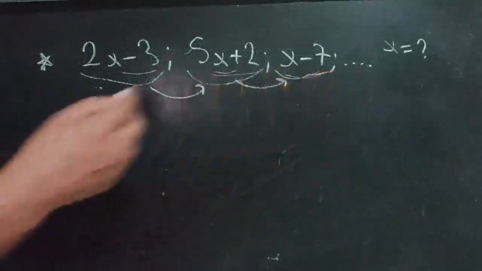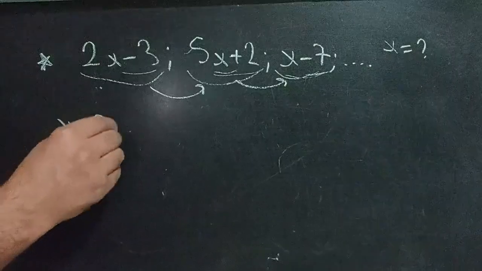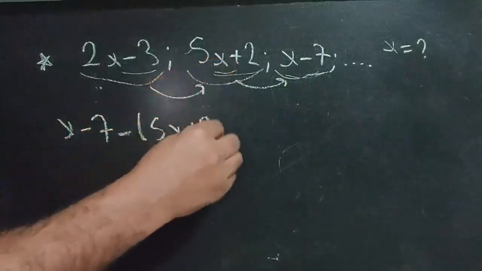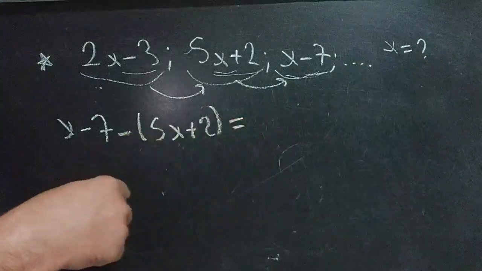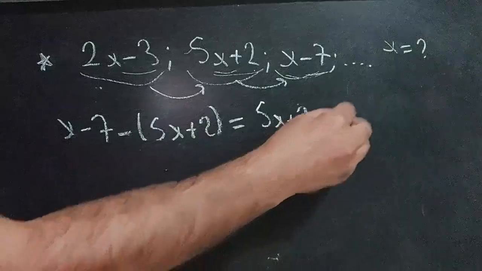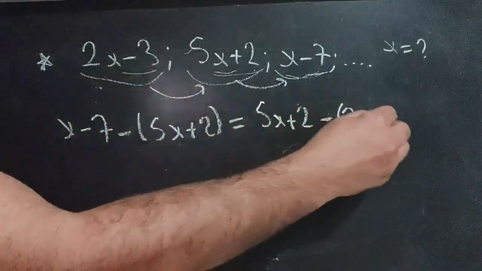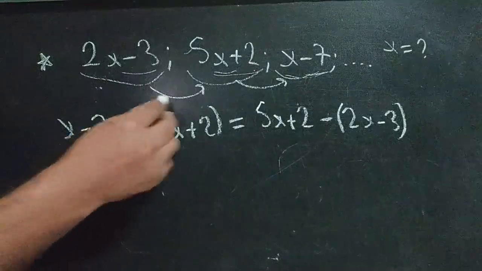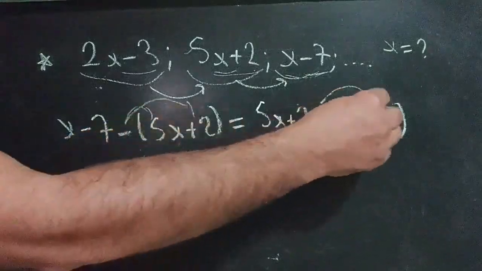So that will be x minus 7 minus this expression, 5x plus 2, equals 5x plus 2 minus 2x minus 3. Alright, open the bracket. See, there is a negative sign there.